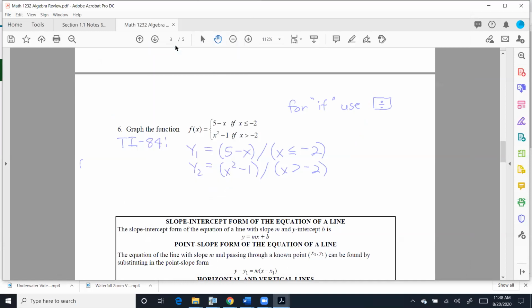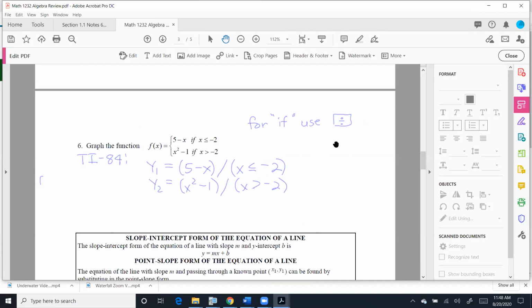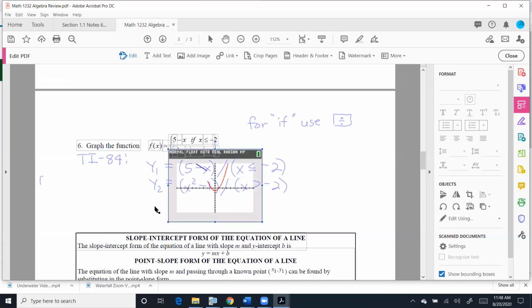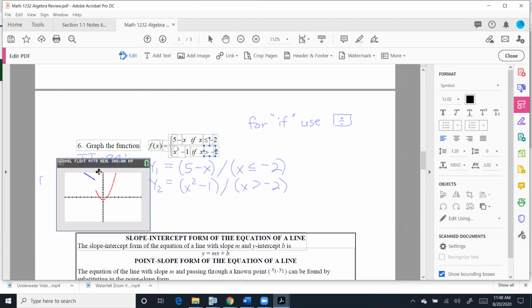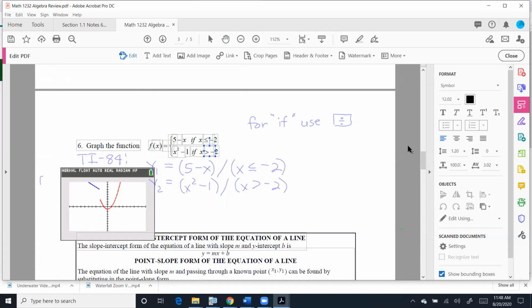Add text and images. Oh, okay. I stand corrected. All right, do you guys see the TI screen? Yes, ma'am.